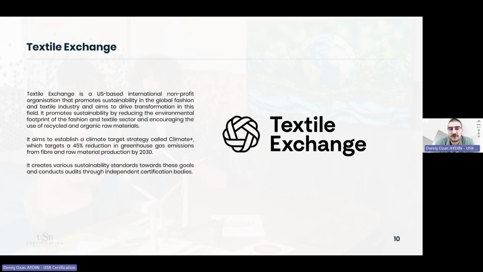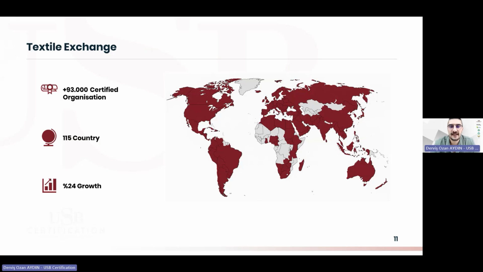It creates various sustainability standards towards these goals and conducts audits through independent certification bodies, which we mentioned in the definition slides. About Textile Exchange, more than 93,000 certified organizations were audited and certified in 2024, operating in 115 countries all over the world.